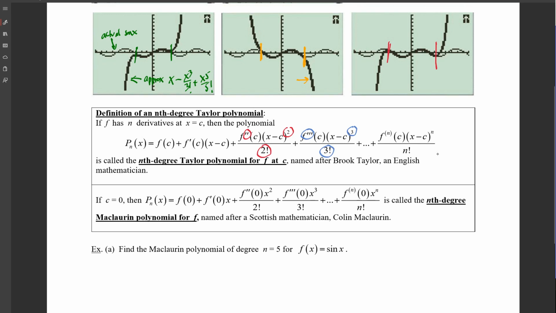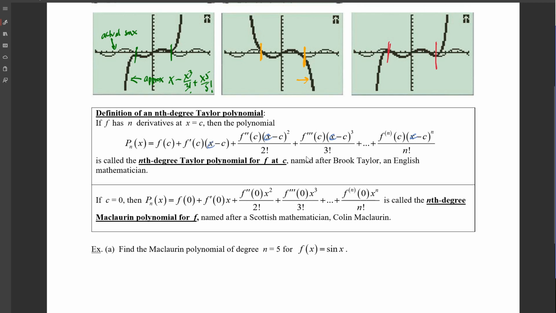Now, this is true for when you take the Taylor polynomial about x equals c. And what that means is at x equals c, that's where you're going to get the best approximation using the Taylor series. So if you look at what happens here, if we put x equals c here and c here and c here and c here, all these terms wipe out to 0, right?